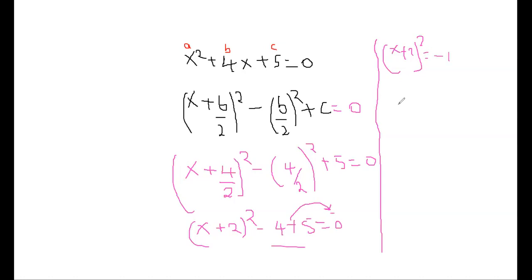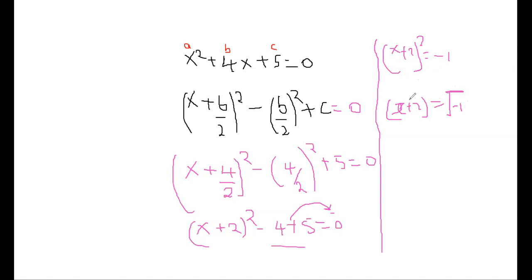Therefore, x plus 2 will be equal to the square root of negative 1. For you to have x plus 2, you found square roots of both sides, the left hand side and the right hand side.